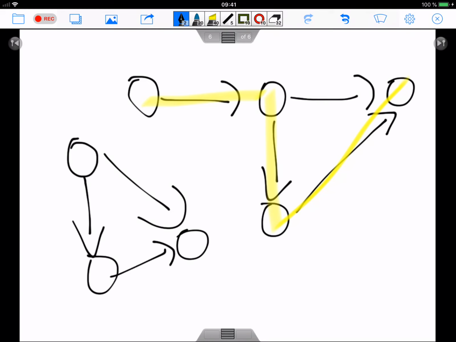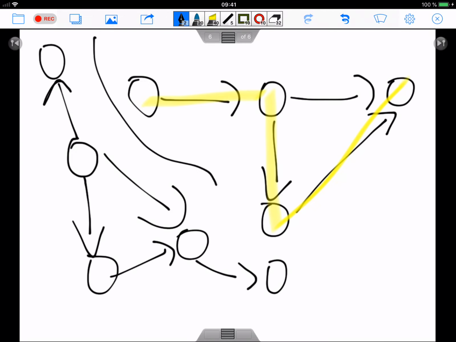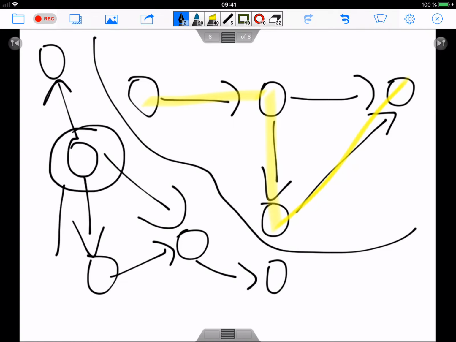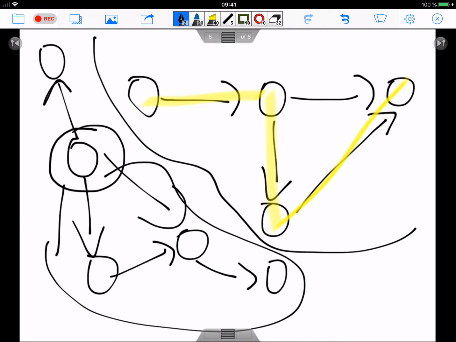Imagine something like this. Let me add something like this here. Okay, so it's something like this, in which it's easy to show that there is no Hamiltonian path, because when you get to this vertex, then you can go either to this part of the graph or to this other part of the graph.